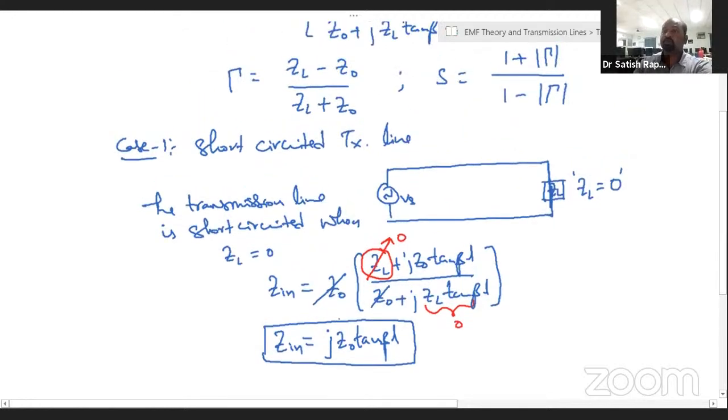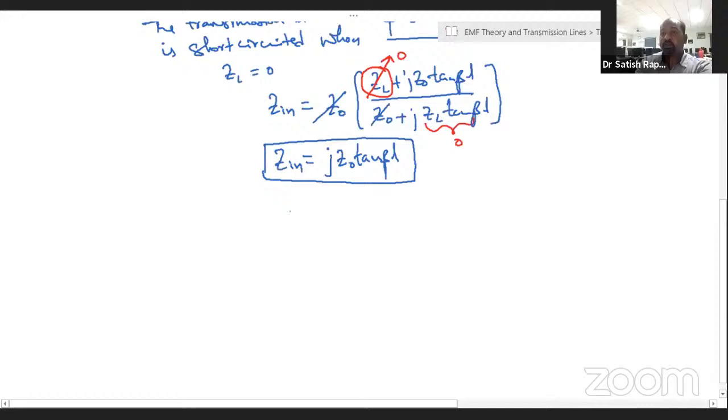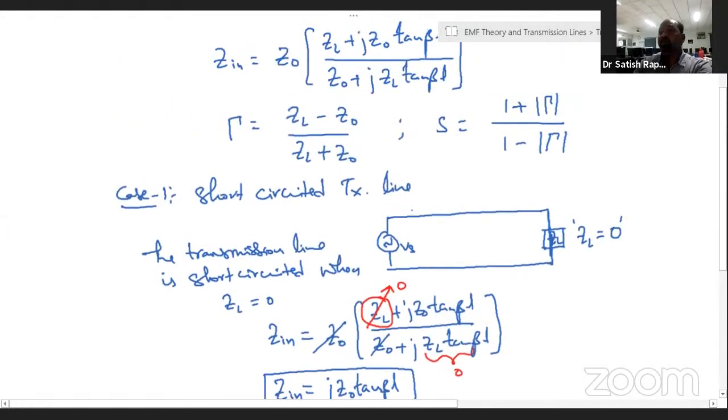Similarly, what is the reflection coefficient? If you substitute ZL equal to 0, the reflection coefficient capital gamma is equal to -1. And similarly, the standing wave ratio: what will we get?